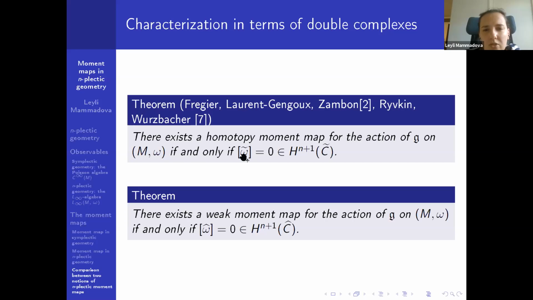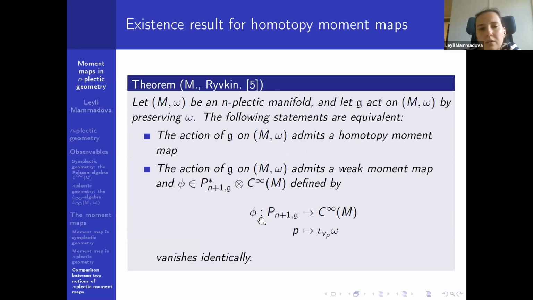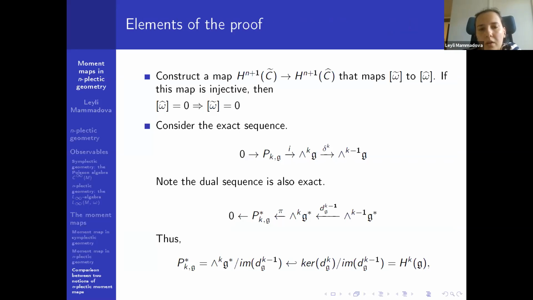It's basically just a restriction of this to the Lie kernels, modulo one little thing. And a similar result is true here: there is a weak moment map if and only if this class vanishes in this second complex. Right, so this I told you about.